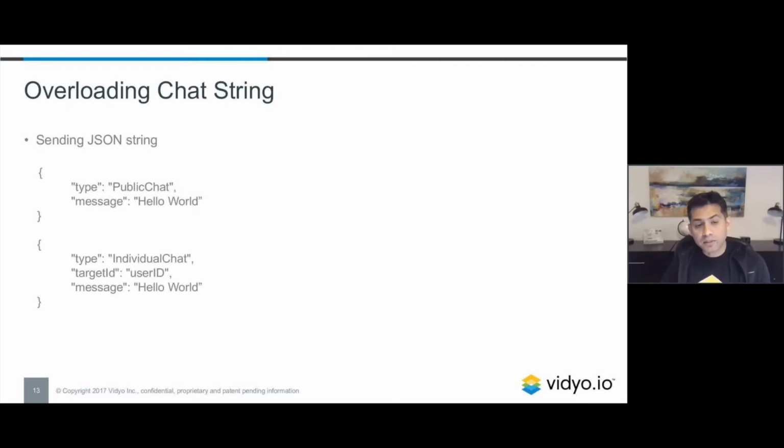Another example is if I wanted to do more individually targeted messages in my application, even though everybody gets the payload, only if my user ID matches, that's when I display the message. So I define a type called individual chat. I say which person I'm talking to, I set the user ID on the sending side, and I send the message hello world or something over there.